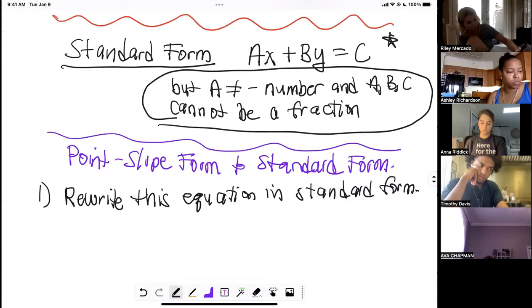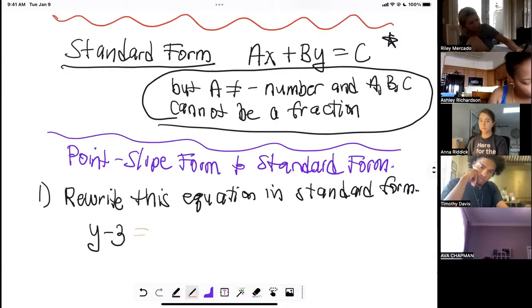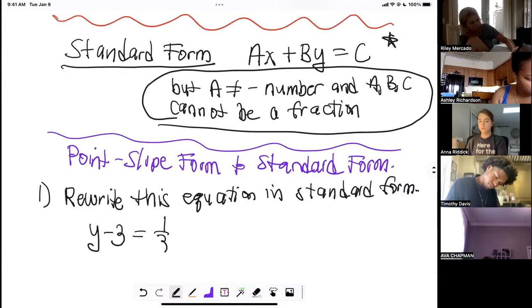The equation is going to be this: y minus 3 equals 1/3 x plus 4. So I have a point slope form. It wants me to rewrite it in standard form.